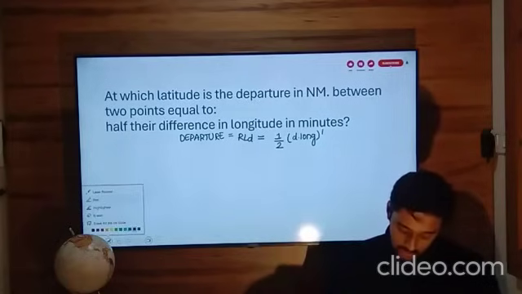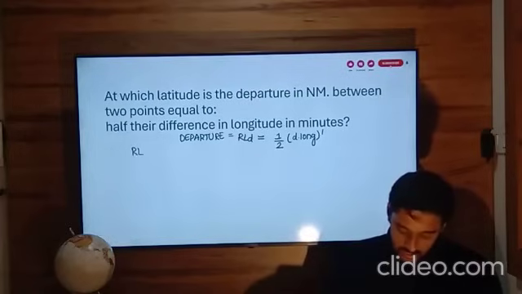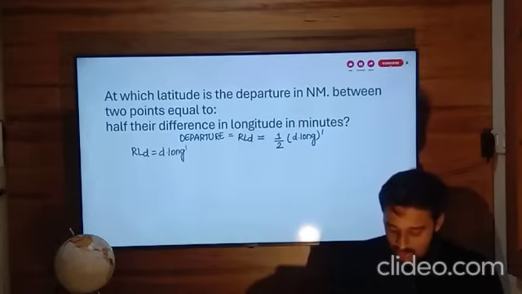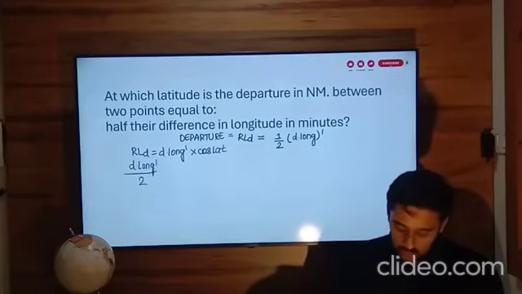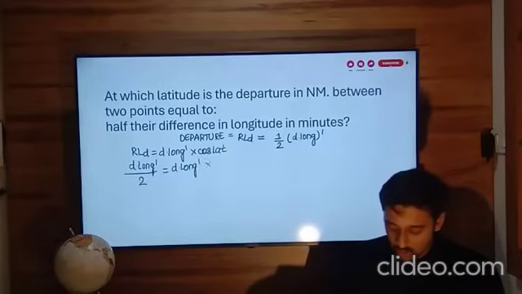So the formula for that is rhumb line distance equals d long in minutes into cos of lat. So rhumb line distance will be d long divided by 2 equals d long into cos lat.